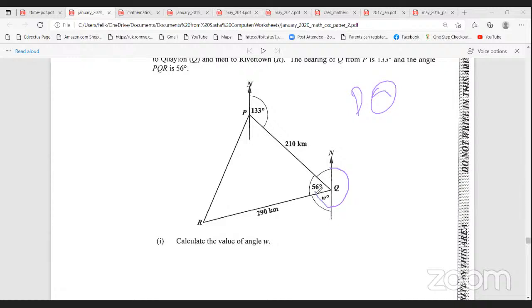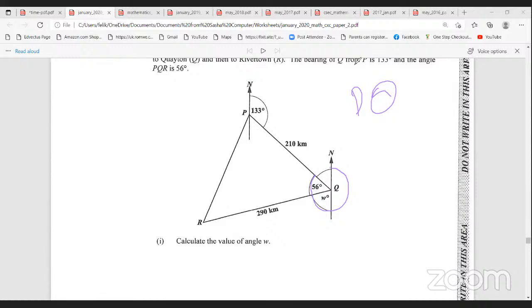So you're not looking at the line RQ, you're looking at the line PQ. So you're going to draw your bearing from that line to the line PQ. Is that clear?